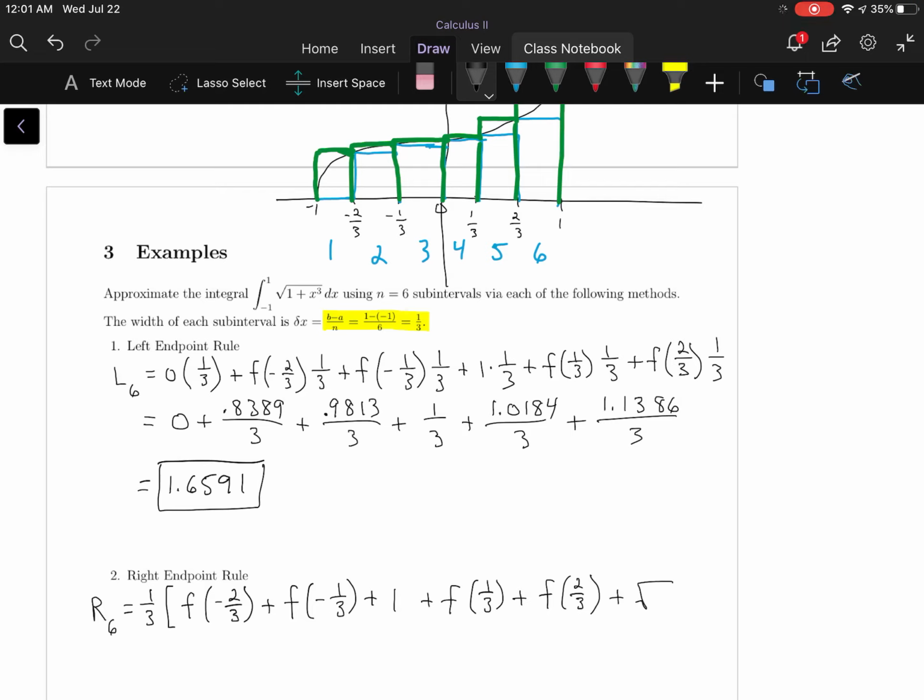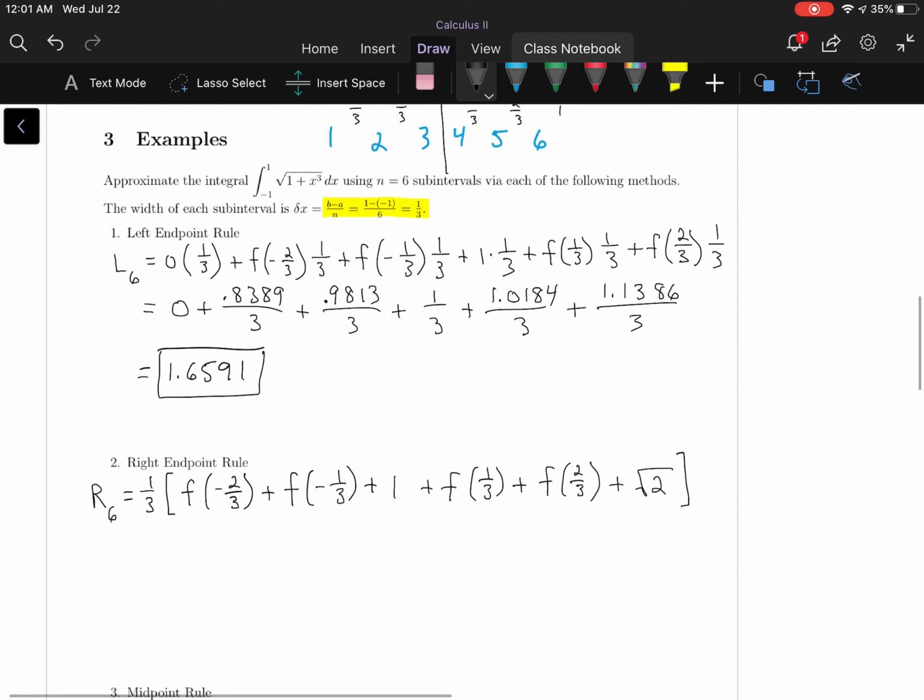That's the square root of 1 plus 1, or the square root of 2. And a quick check, 6 subintervals means we should have 6 values here. So that's 6 values, and we haven't missed any interval or rectangle, which is good.